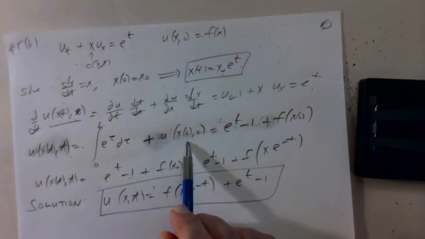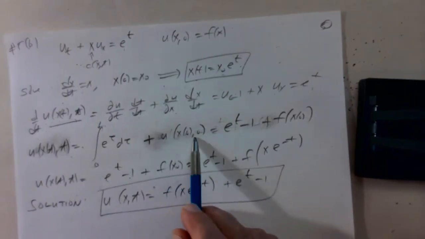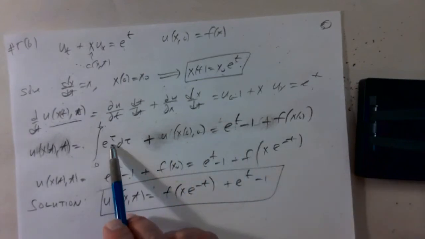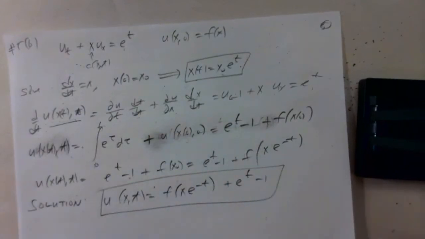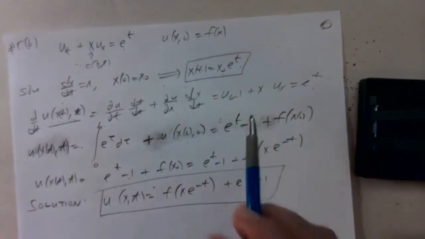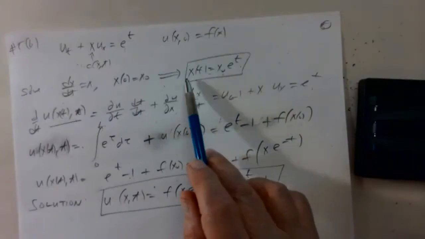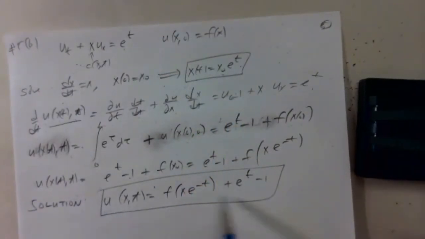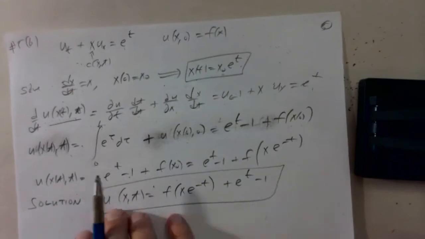The value of the function u of x of 0 comma 0 is just the initial condition. Now the integral of e to the t from 0 to t is e to the t minus 1, plus f of x naught, where x naught is x e to the minus t. So we got this solution.